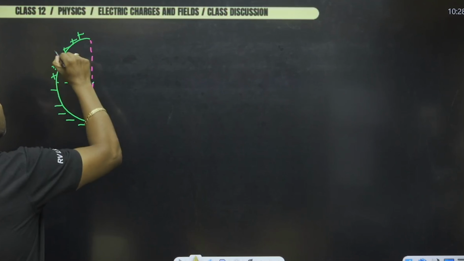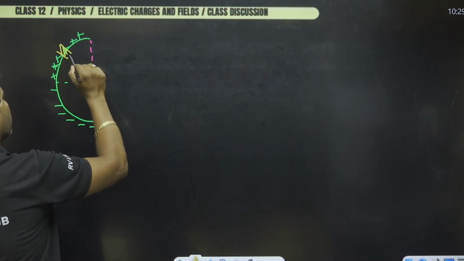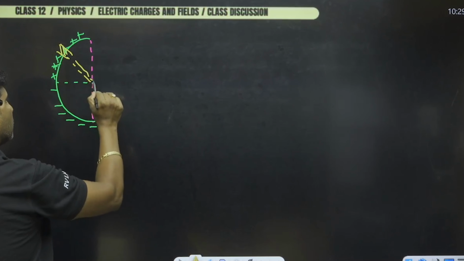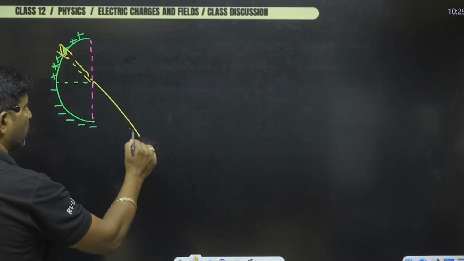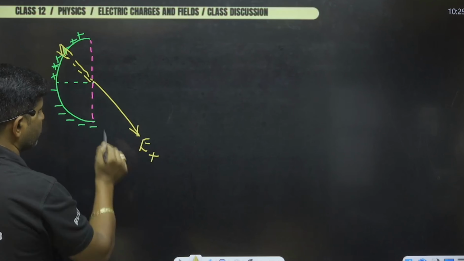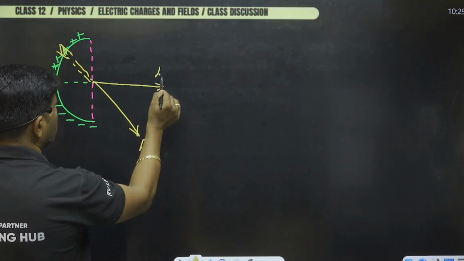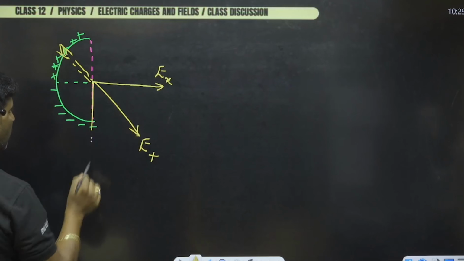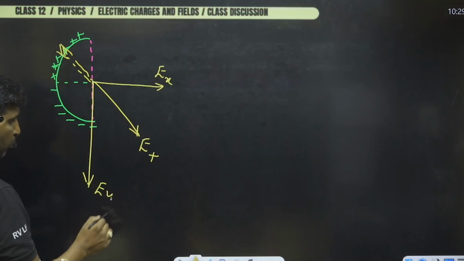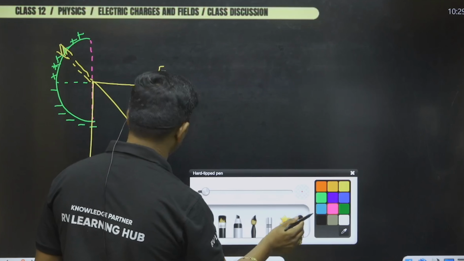Whenever we consider the positive charge on the upper side, the field at the center will be as shown here. It can be resolved into two components, one along x and the other along y.